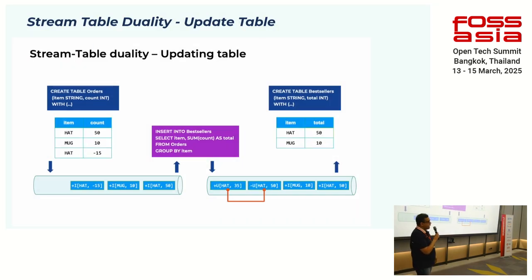So here what happens is, if I'm doing a negative sale, the bestseller table on the right-hand side actually gets updated with the hat count. Now, think about it, how it happens in a SQL, like an RDBMS or maybe a batch, OLAP, or a data warehouse. So we do an upsert, right?